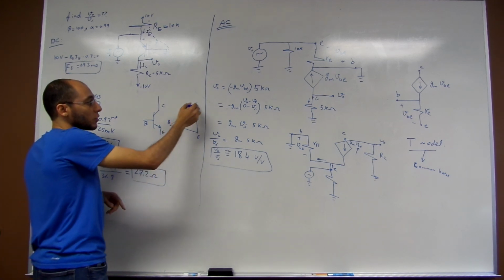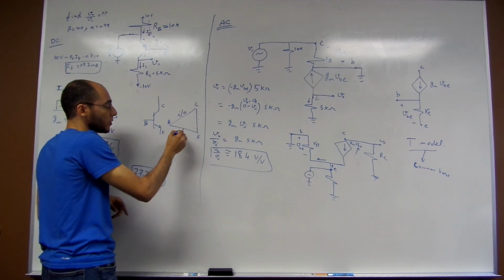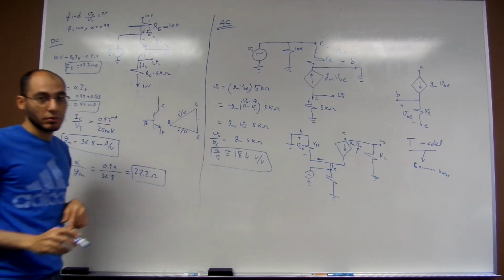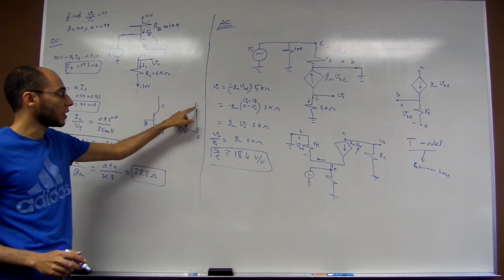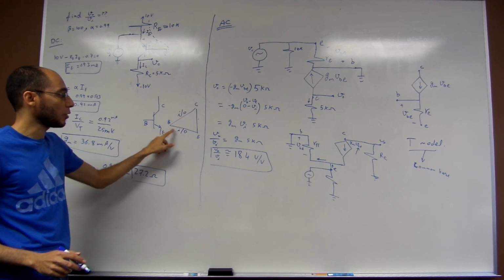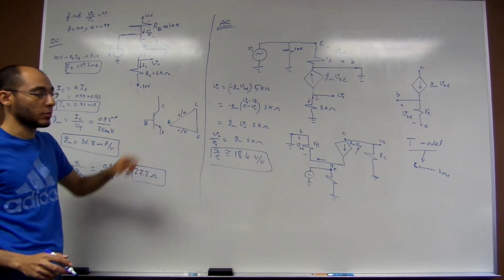If you have a common collector, then the base is always an input and the emitter is always an output. That is a fact. You never find a common collector having the base as an output and the emitter as an input.